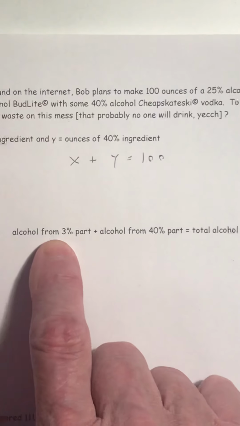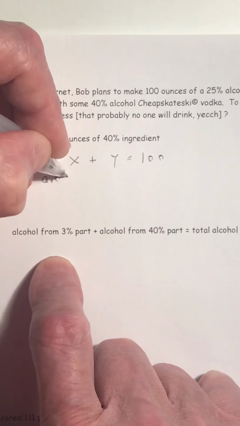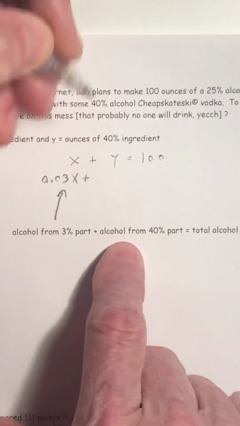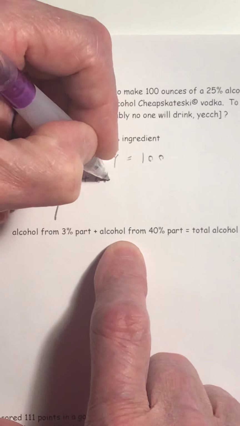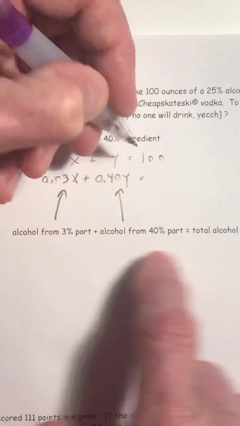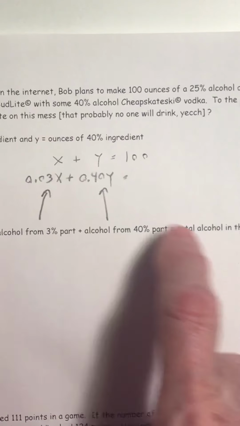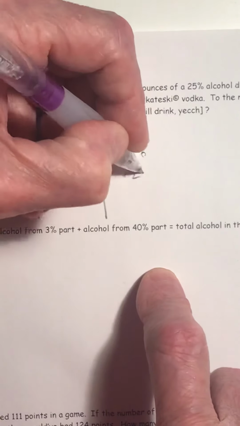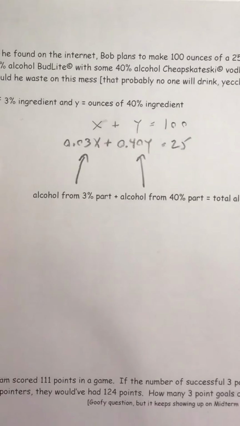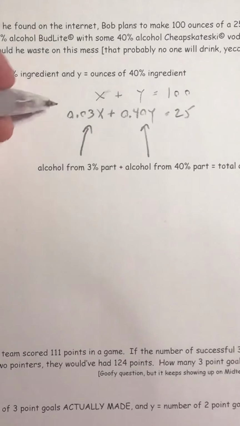The alcohol from the 3% part, that's 0.03 X. And then the alcohol from the 40% part, that's 0.40 Y. That would equal the total alcohol in the result, 25% of the 100 ounces, which would be 25 ounces. So there's the setup. Now it looks just like one of those interest problems we did on the preceding page.